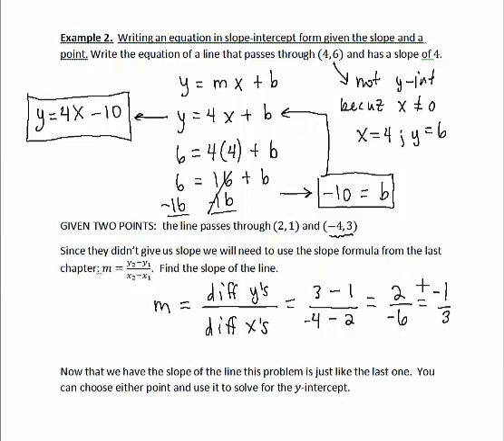And in this case, I now have my slope and I have at least 1 point on the line. And so I'm back to the information that I started with in example 2, and I can simply use this same procedure to figure out what the equation of my line is.